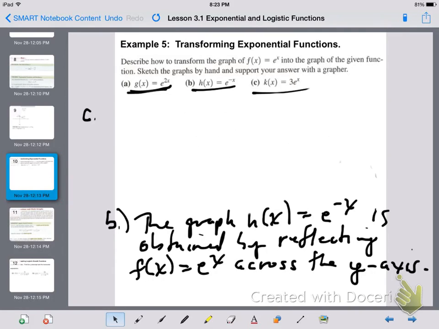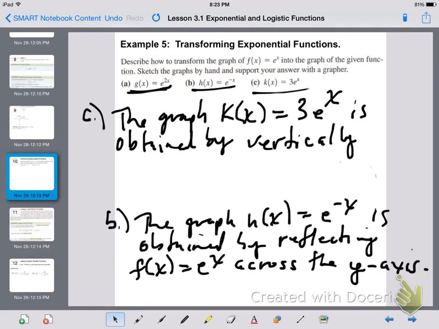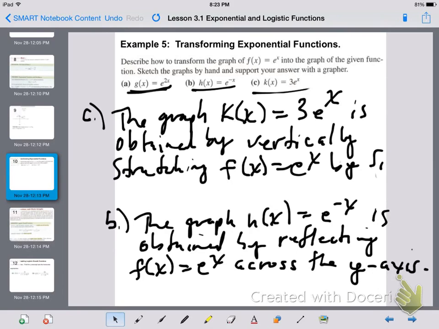Alright, so then part C here, we're going to say the graph of k of x equaling 3 times e to the x is obtained by, alright, so 3 is on the outside, so it's going to be by vertically stretching f of x equaling e to the x by a scale factor of 3.